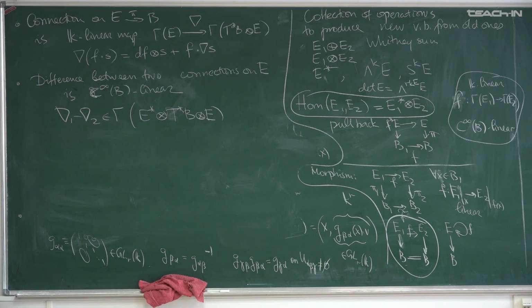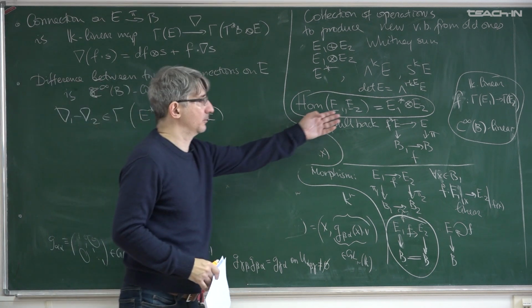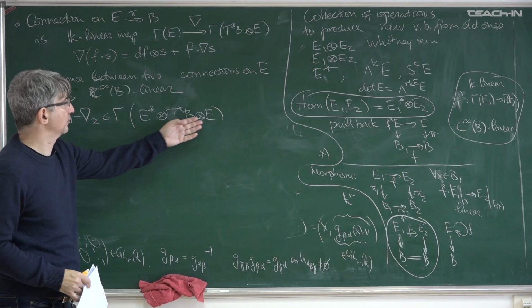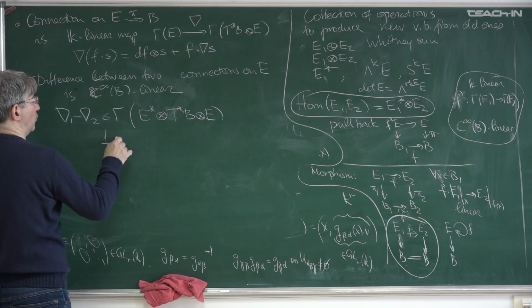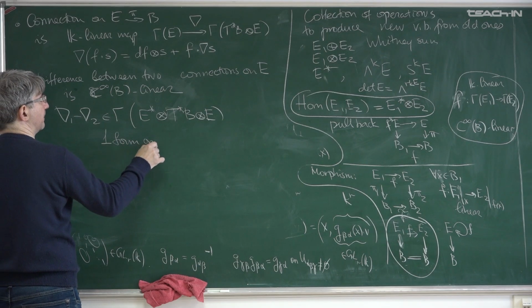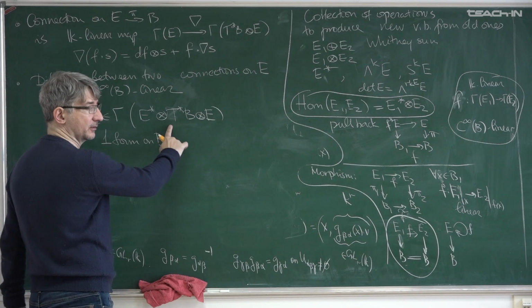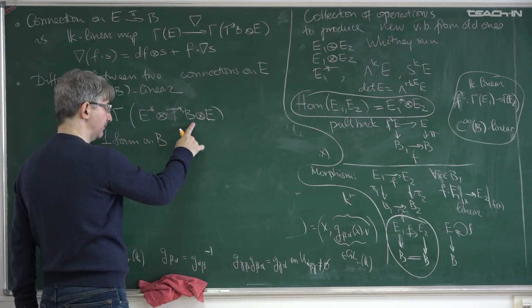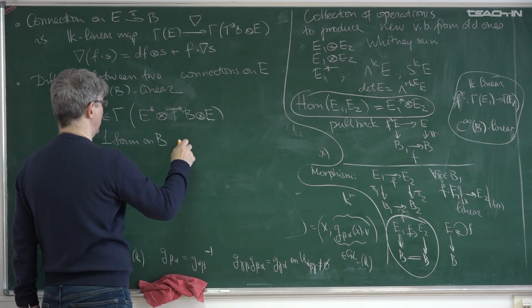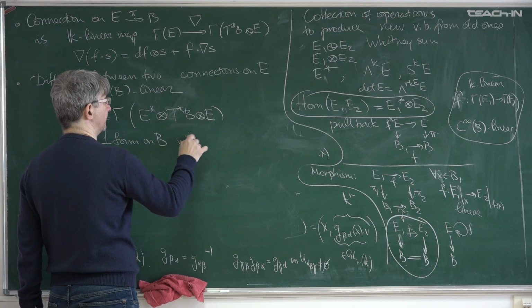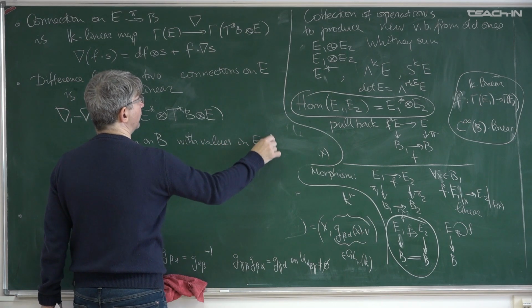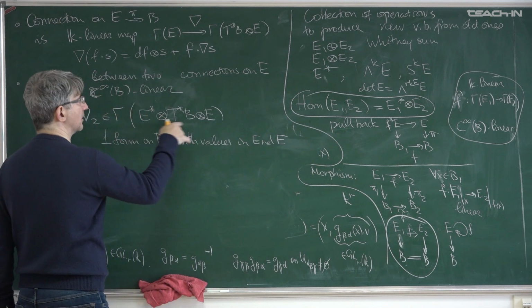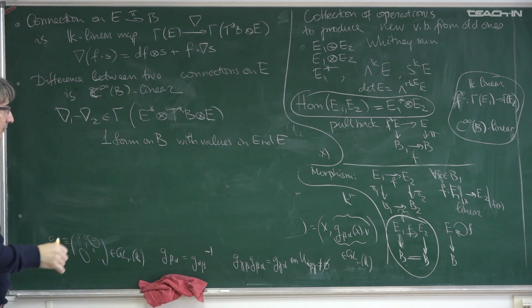So if you take the difference between two connections, then you obtain a section of this vector bundle, and then it should look like this. And people say that this difference is a one form on B, because we have the cotangent vector space here, with values in endomorphisms of E, because E star tensor E is endomorphisms.